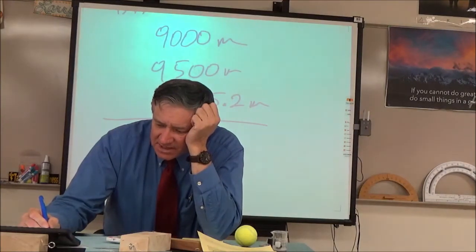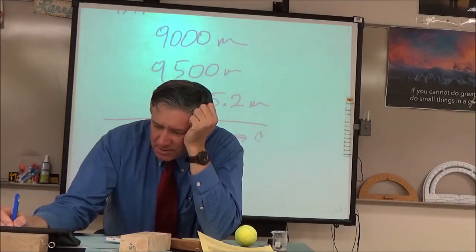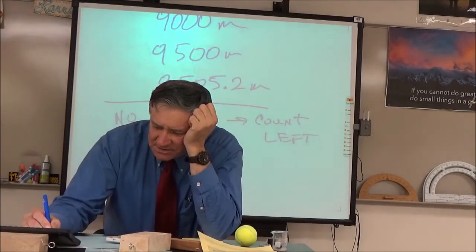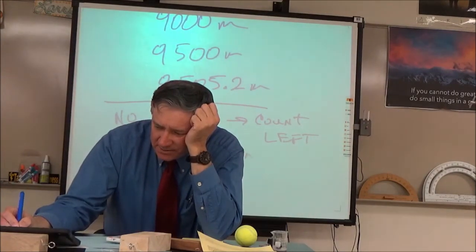If there's no decimal point, you count left. If there is a decimal point, then you count right. Okay?